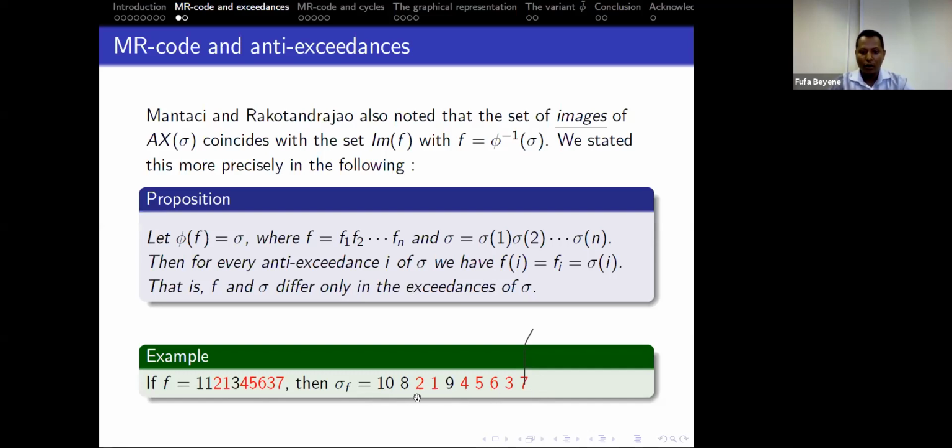So sigma of 3 is 2 here, and you observe here f of 3 is also 2. Sigma of 4 is 1, f of 4 is 1. And on all these positions, both the subexcedant function f and sigma coincide with each other.